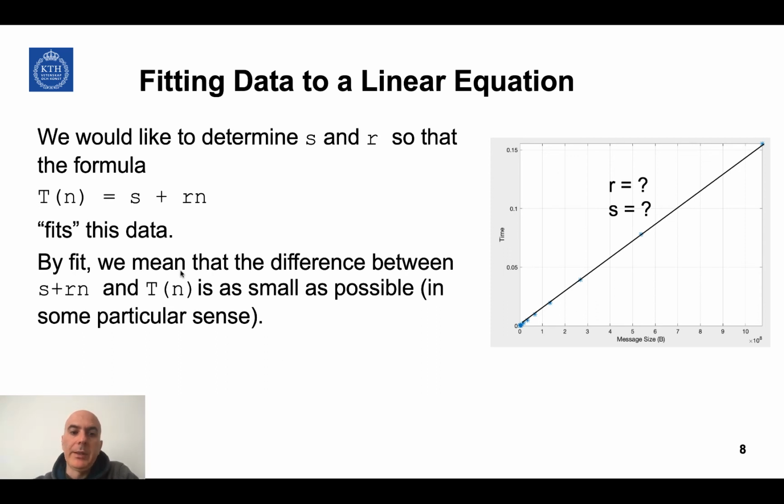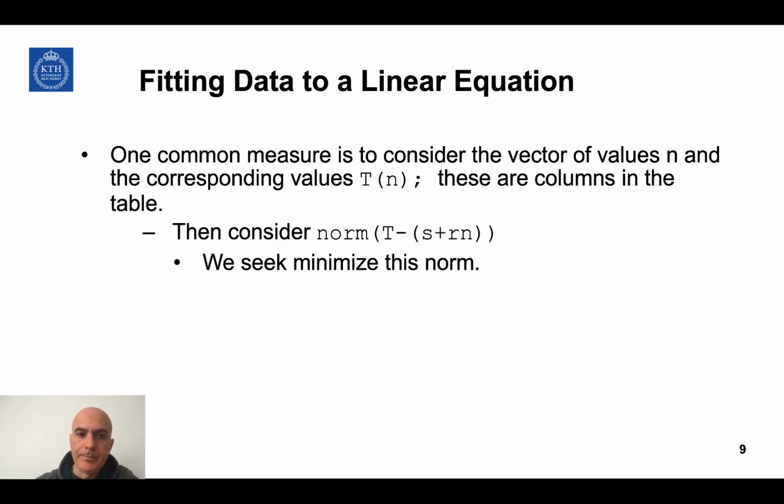By fit we mean that the difference between S plus Rn and the communication time that we found at this point is as small as possible in some particular sense, where in some particular sense means, you know, with some norm. One common measure is to consider the vector of values n and the corresponding values t, where t are the communication times.